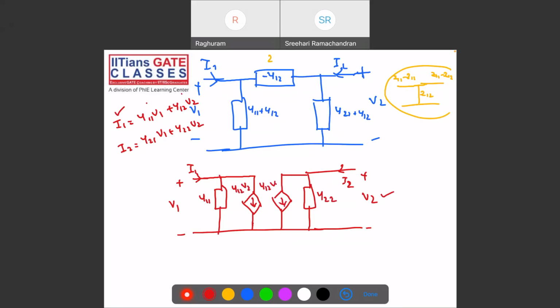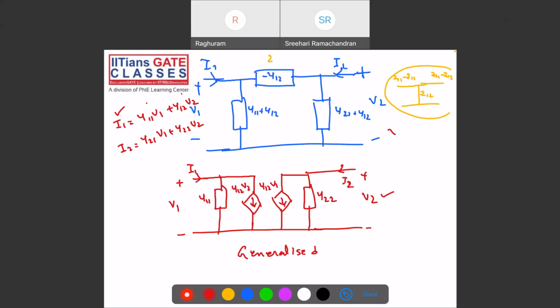Clear? This is called the generalized equivalent circuit for Y parameters. Remember, the T and pi will be only for reciprocal cases.